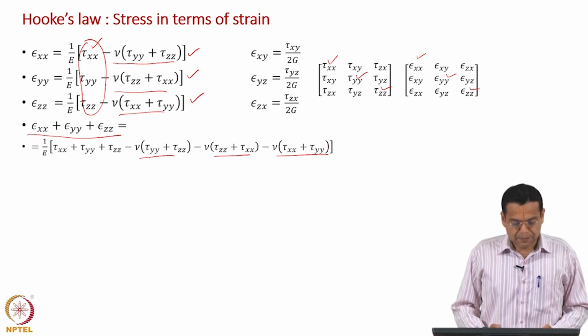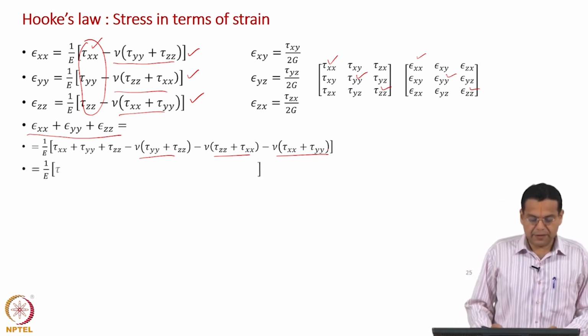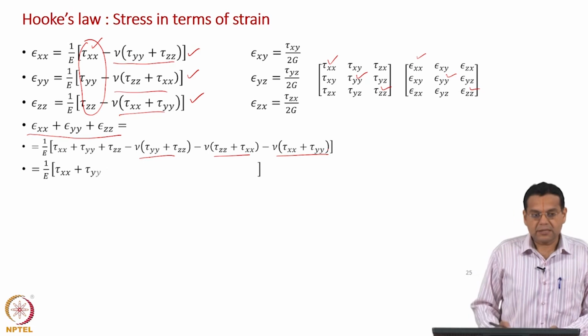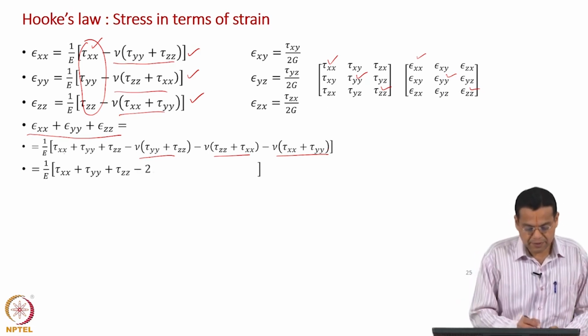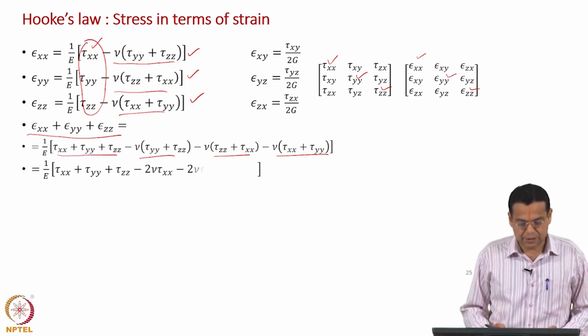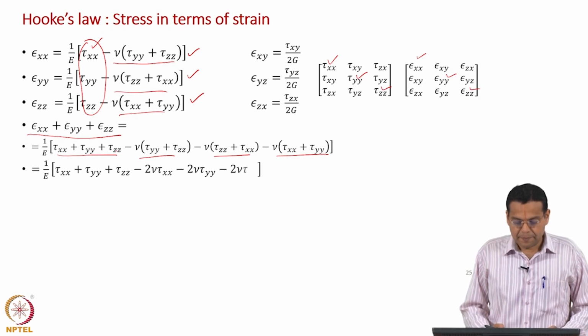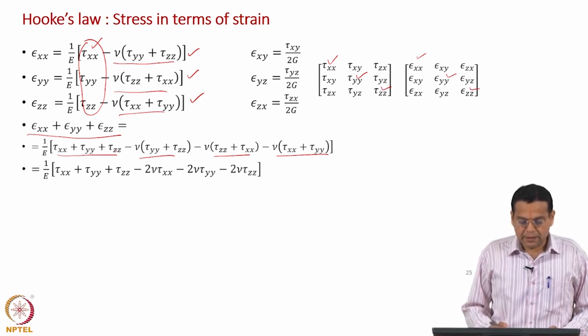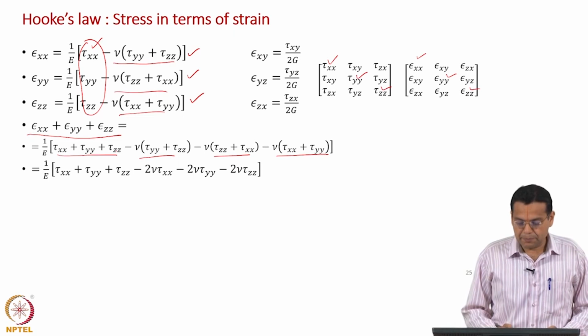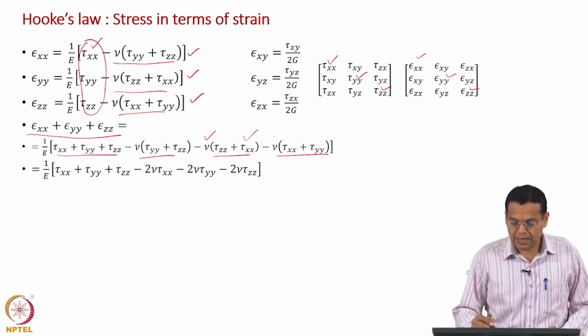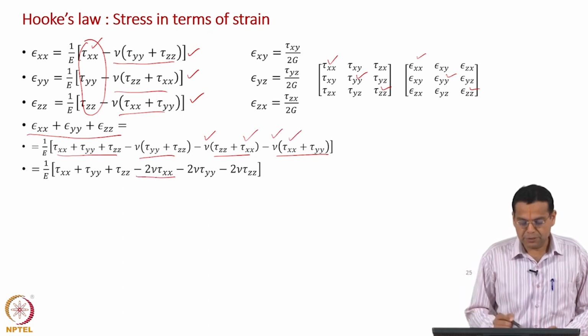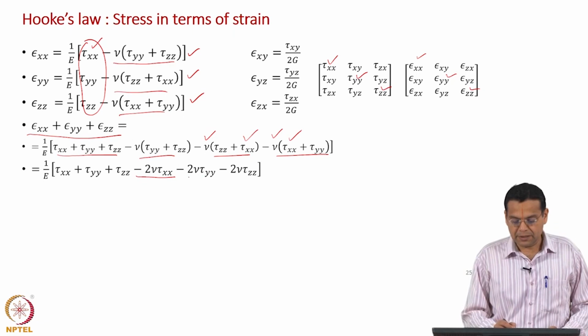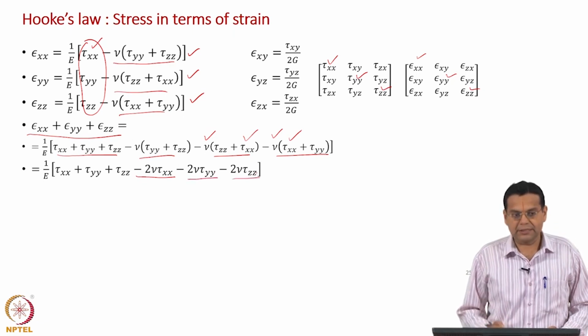Now, let us simplify this, the sum of normal stresses as such as we have written in the previous line, and then I am summing up minus nu tau xx, and then I have another minus nu tau xx, that becomes minus 2 nu tau xx, similarly for tau yy and tau zz.